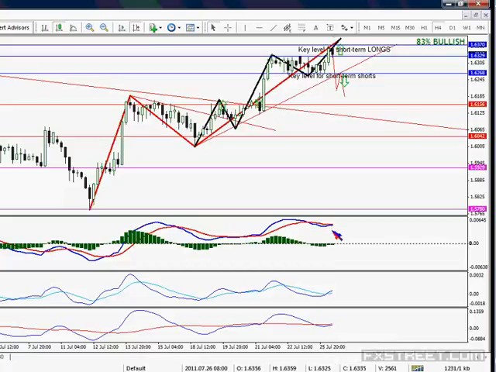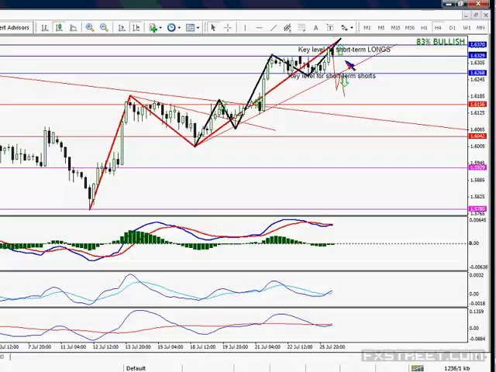Now, if it goes down even about 30, 40 pips, these indicators would look very bearish and the rate of change will cross down as well. So that would mean short, but I would still look for break of the horizontal level before taking any position. That's a security measure because you are trading against the trend, so you don't want to be too aggressive.